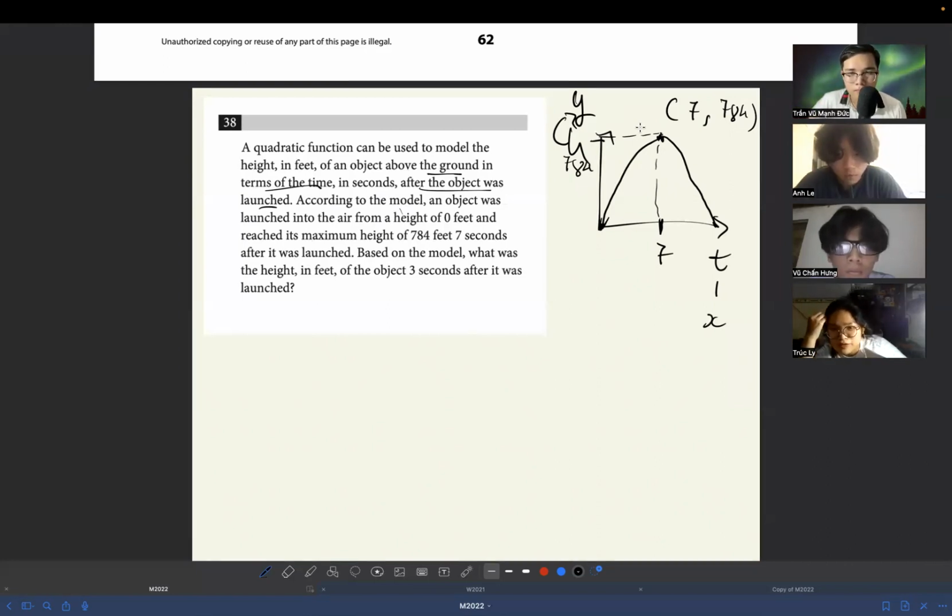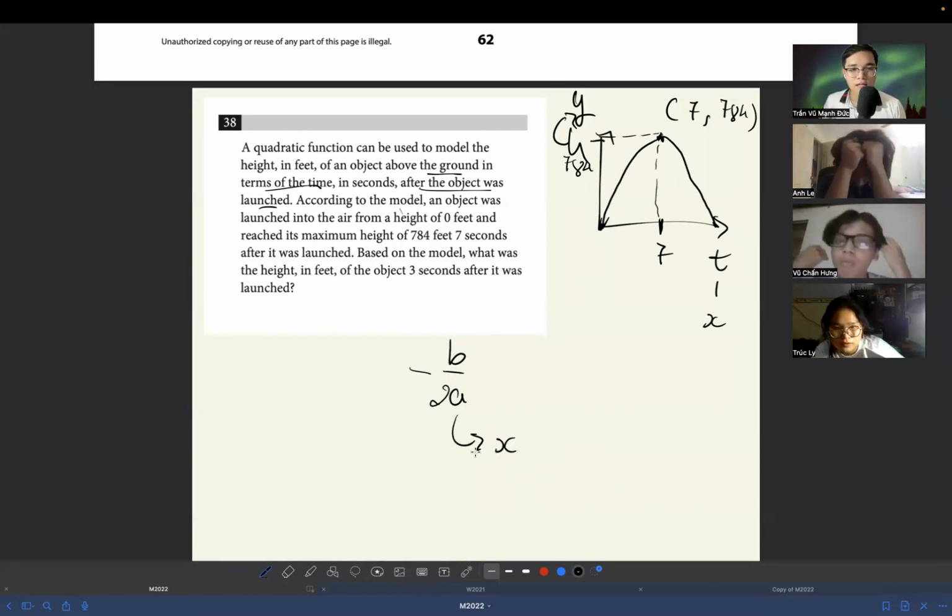Minus b over 2a equals the vertex. Oh, so it's minus b over 2a. It is a correct way of answering, but it's not what I'm talking about. I'm talking about the very special kind of information we've learned. This is the x coordinate of the vertex, exactly.